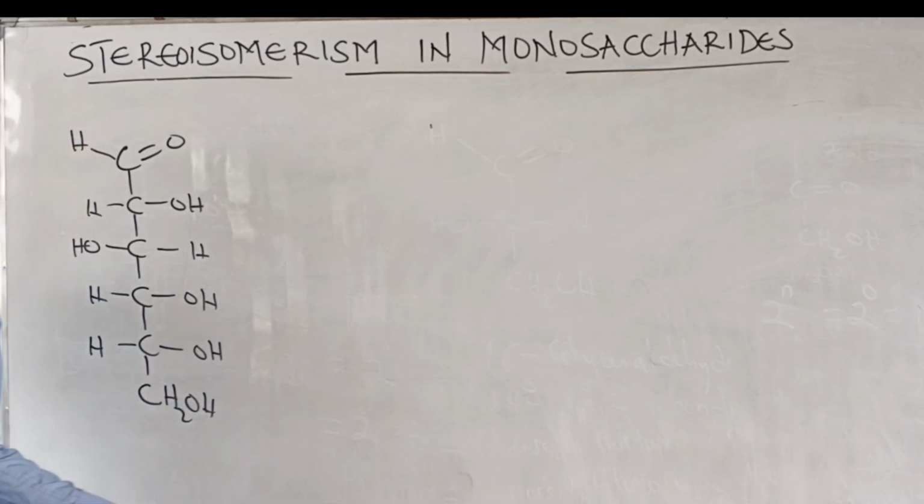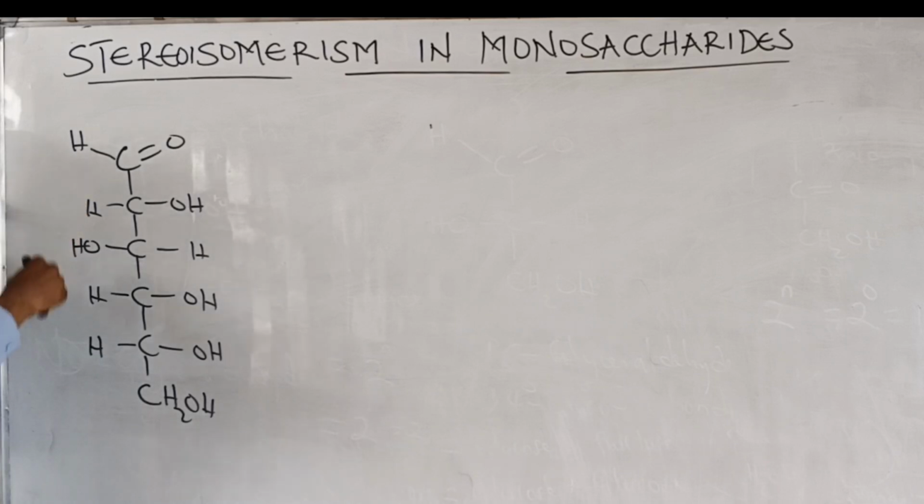If you look at this compound on the board, is this a monosaccharide or a disaccharide? Monosaccharide, right? Is this a triose, tetrose, pentose, hexose, or what? Hexose, right? Because it has how many carbons?